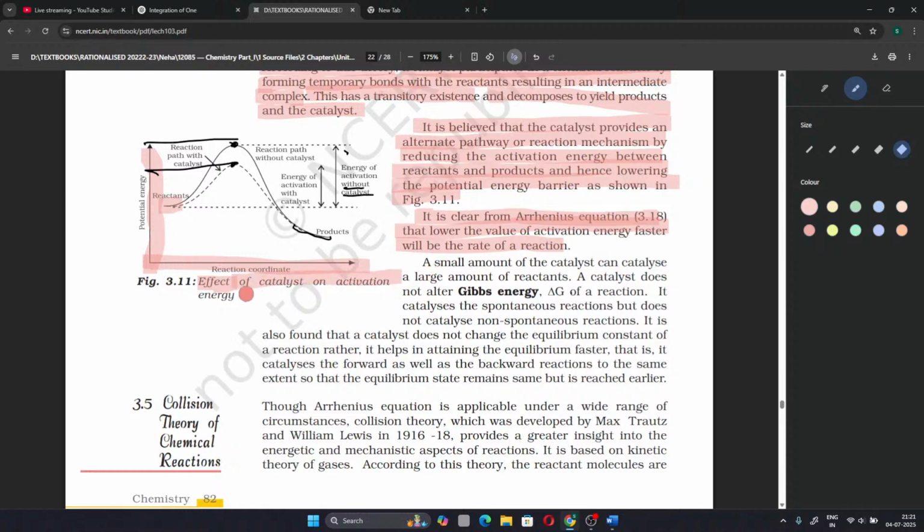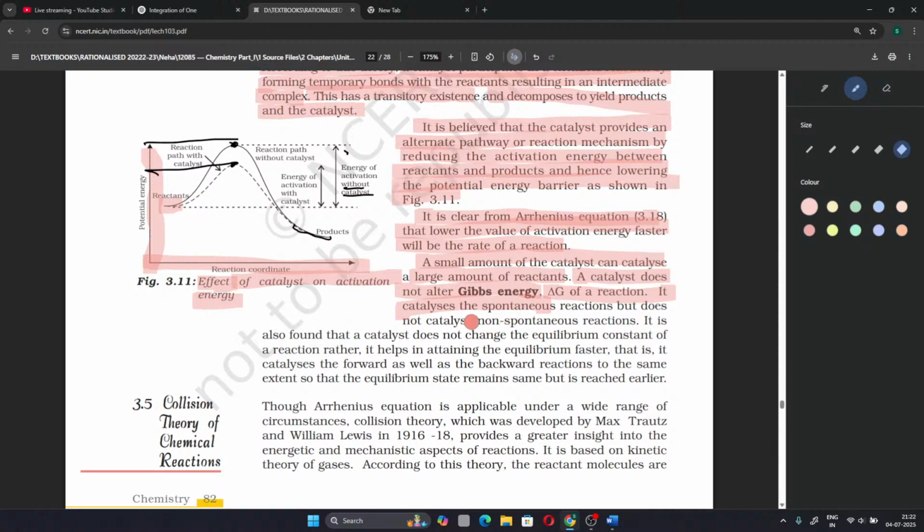Effect of a catalyst on activation energy. A small amount of catalyst can catalyze a large amount of reactants. A catalyst does not alter the Gibbs energy, delta G, of a reaction. What the catalyst is doing is only providing a different path.